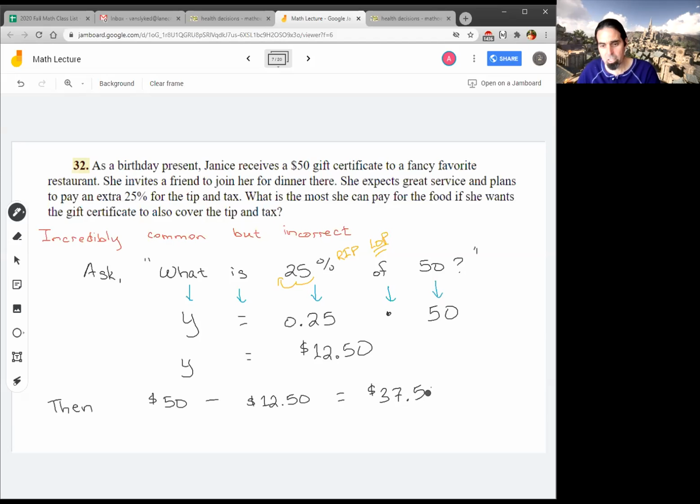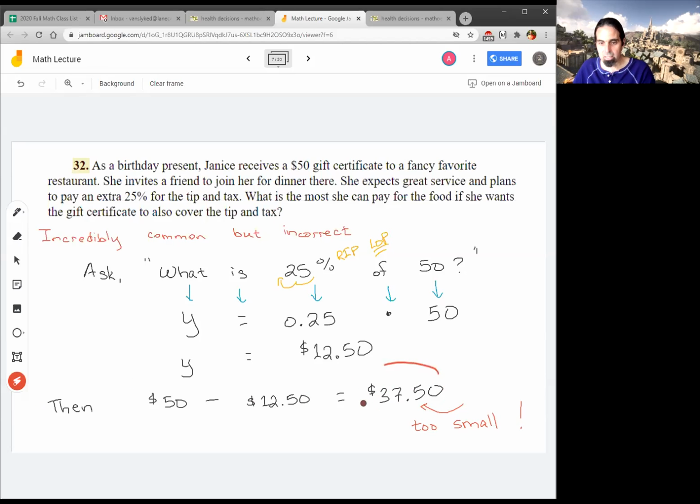So it looks like she can spend up to $37.50 and still be okay with the tax and the tip. But this number is actually too small. If we ask, what's a quarter of this? What's 25% of this number?